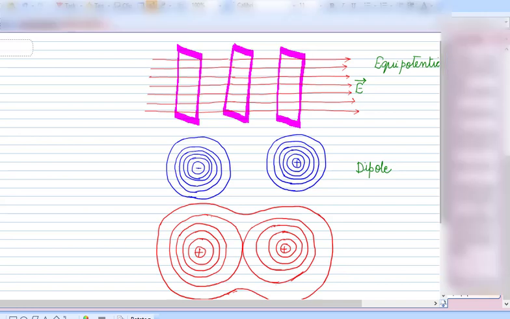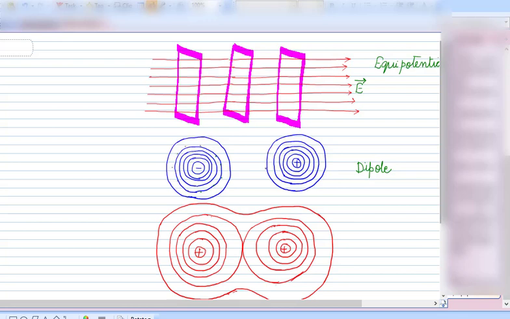For a minus charge, we can draw many equipotential surfaces in the form of concentric spheres. In a similar way, we have shown it for the positive charge: a series of concentric spheres. If we take any of these spheres, each point of the sphere has the same value of electrostatic potential.